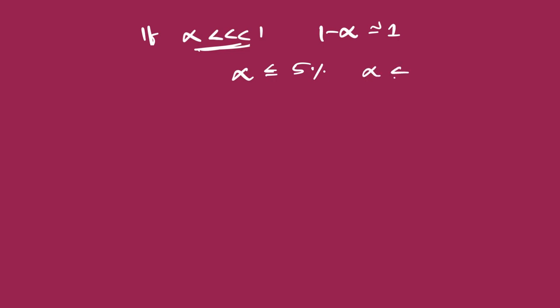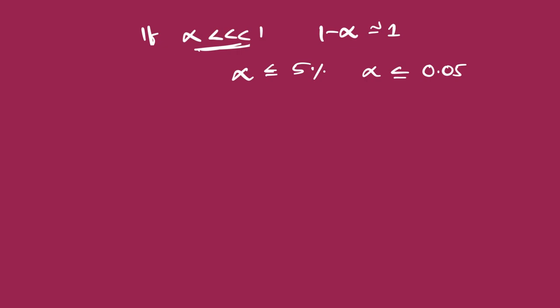If alpha is less than 1, then 1 minus alpha is equal to 1. We can say this when alpha value is equal to or less than 5%, that is, alpha is less than or equal to 0.05. So at that time we can say 1 minus alpha is equal to 1.